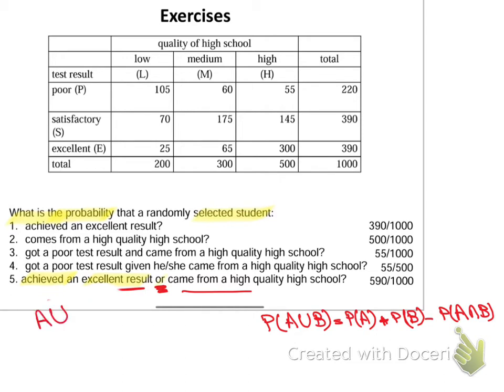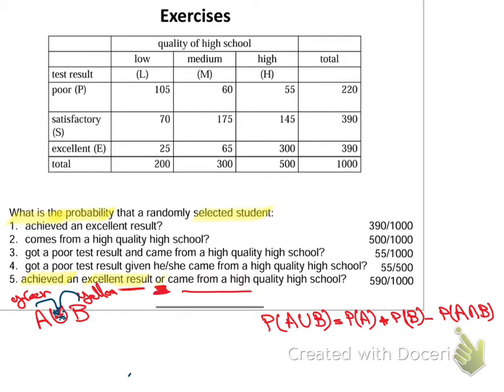So A union B means if it is green, I have to count all the green, and if it is yellow, I have to count all the yellow and add them together, because this is union. It is like a bowl, and I'm putting everything inside the bowl. Everything I put here and everything I put here, and then count all of them together. So the union means both of them, this one or the other one.